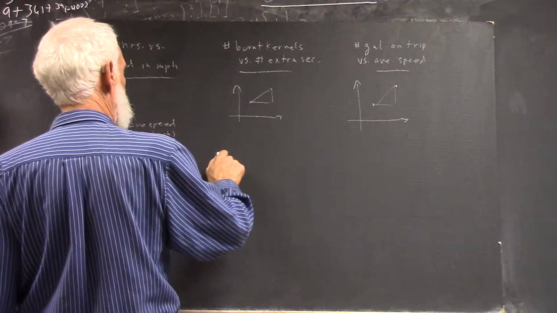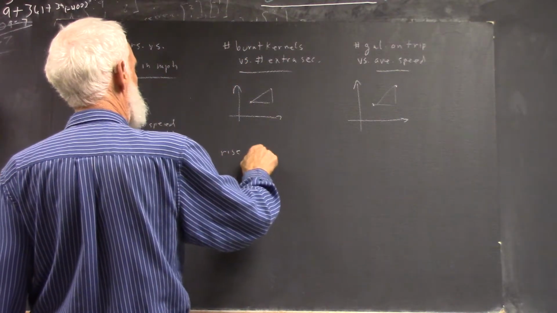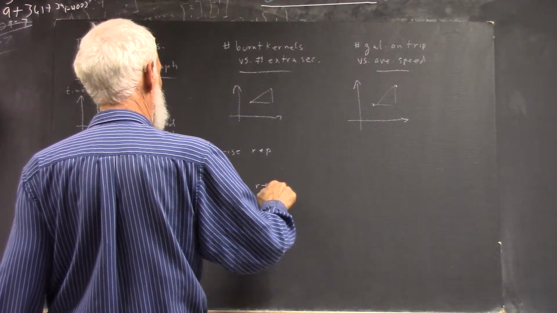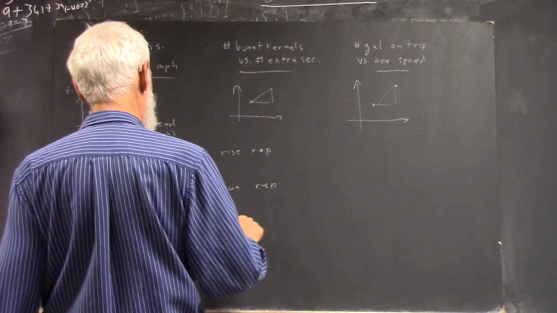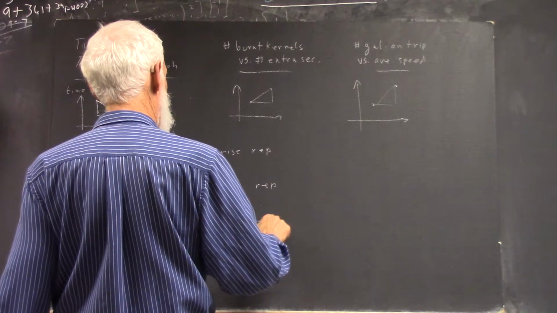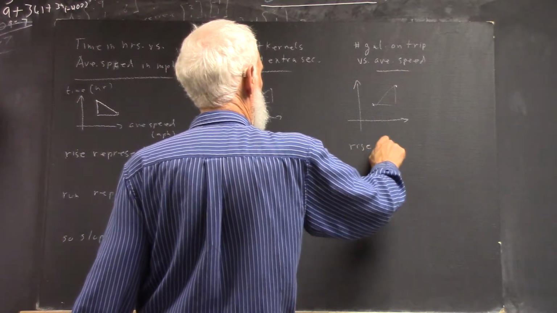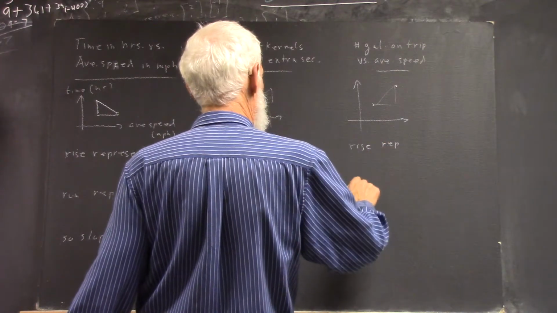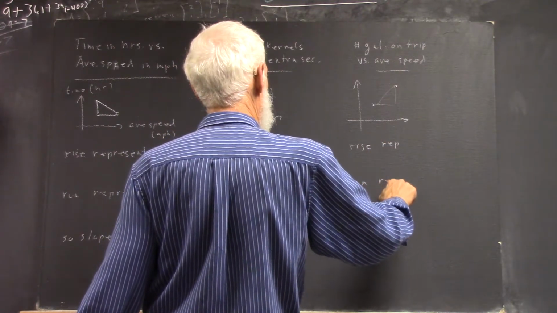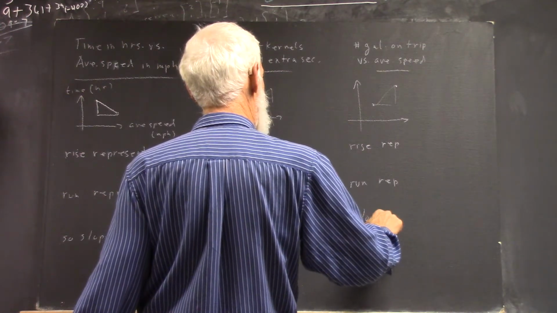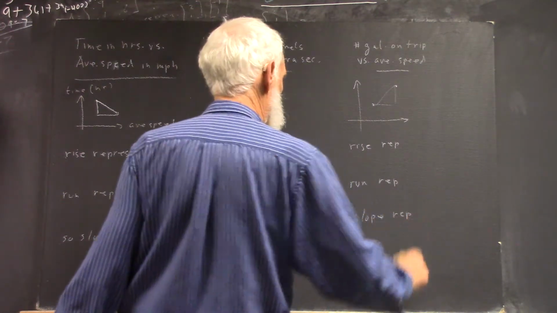And then we write rise represents, run represents, so slope represents. We write rise represents, run represents, so slope represents, right?